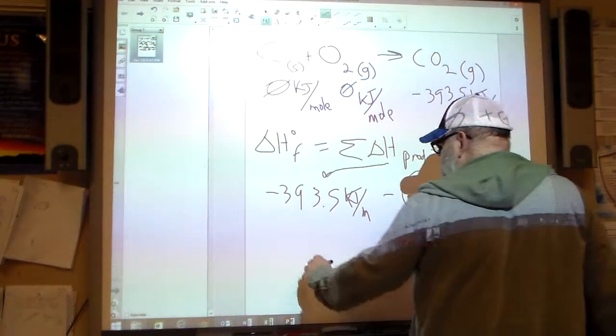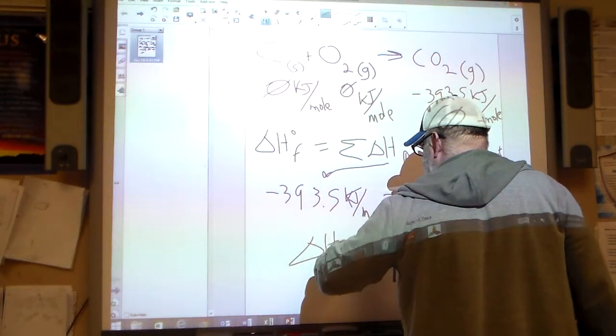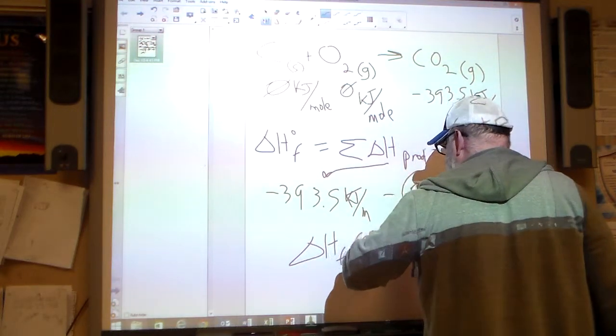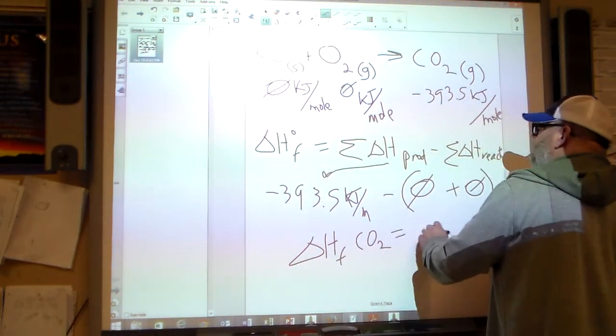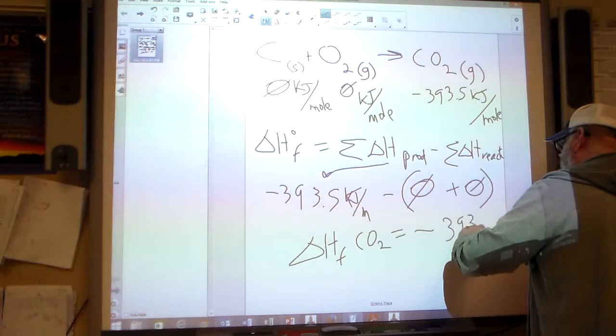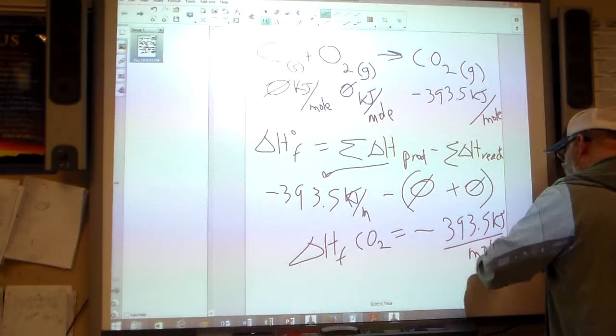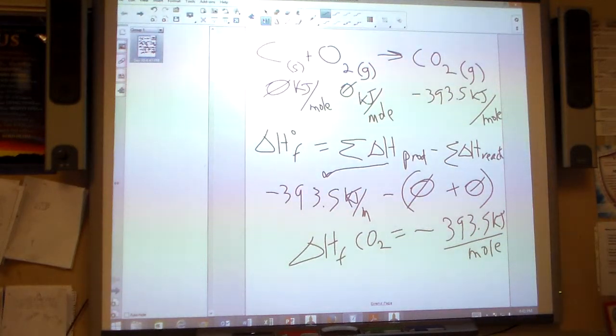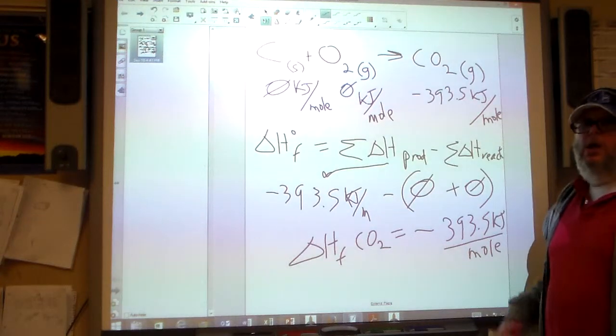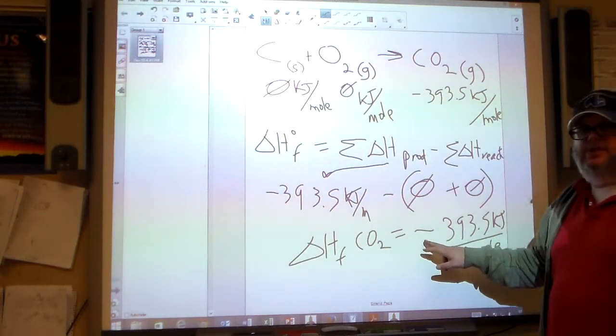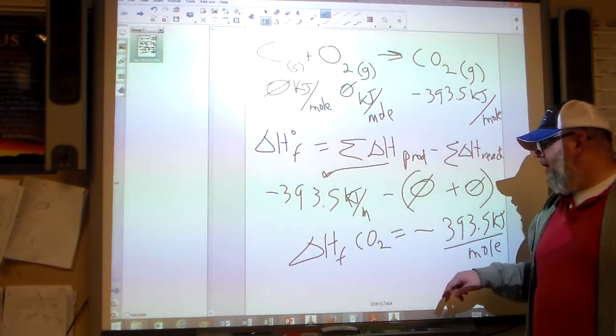So our final answer for the delta H formation of CO2 is equal to negative 393.5 kilojoules per mole. So this is clearly an exothermic reaction. Why is that an exothermic reaction? Because that is a negative.